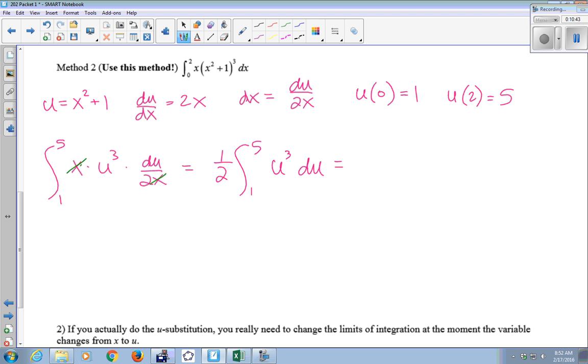Take the antiderivative, and you get 1/2 times u to the 4th over 4, evaluated from 1 to 5. I could actually make this u to the 4th over 8, evaluated from 1 to 5. And when I plug in a 5, 5 to the 4th is 625.